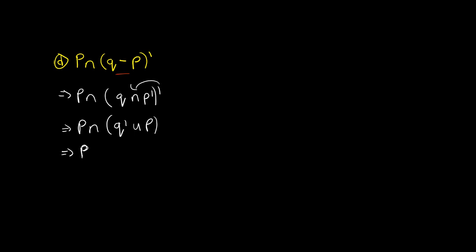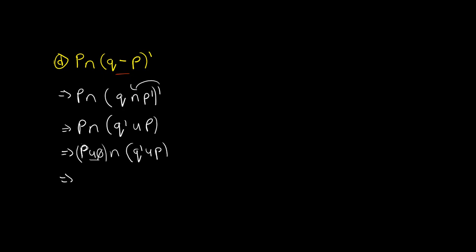I'll say P union empty set, then intersection, then Q complement union P like that. Have you seen the trick that I've made? I've changed nothing there. I just want to have the same P. When you unite P with the empty set, it will still give you P.